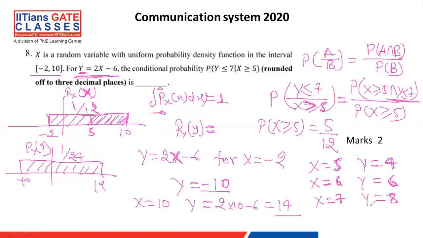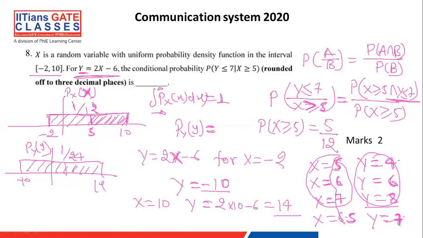We don't want to go here because y should be less than 7. So x should be greater than 5, but y should be less than 7. If x is 6.5, y will be 7. So we need to find the probability that x is between 5 and 6.5, or y is between 4 and 7. Both of them will be the same.